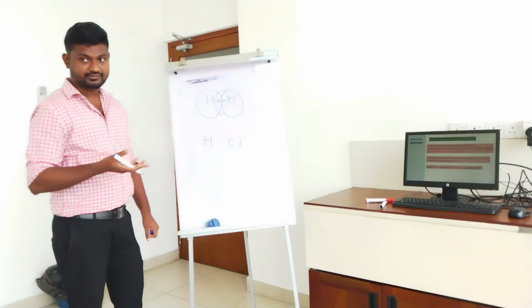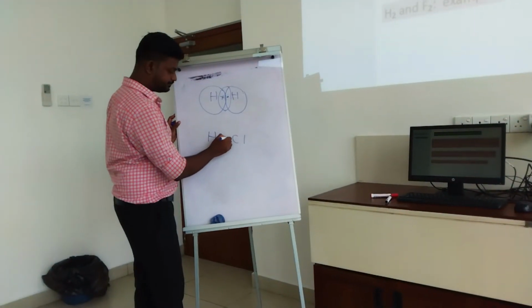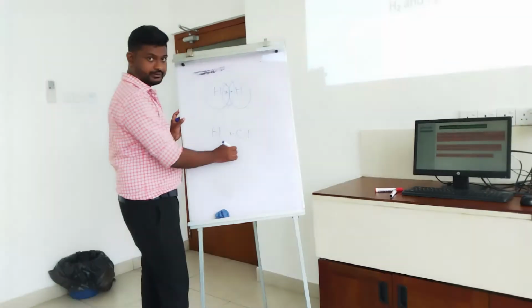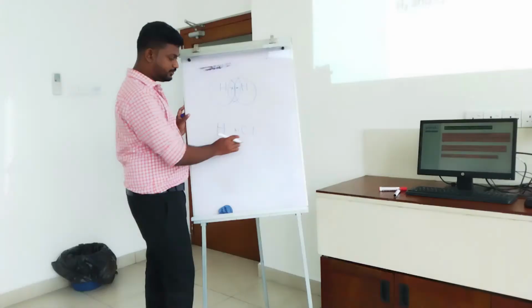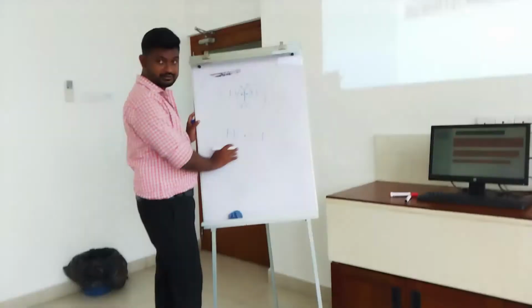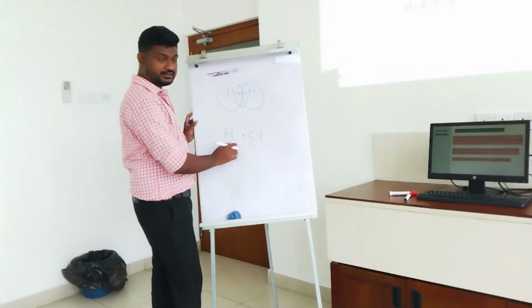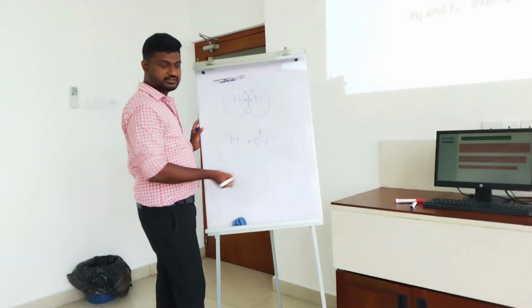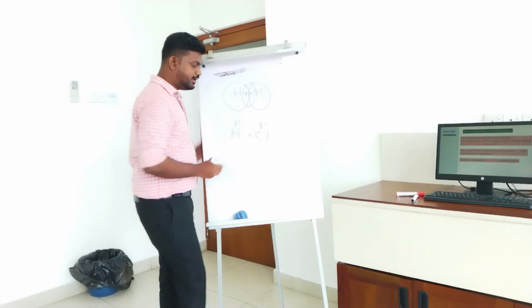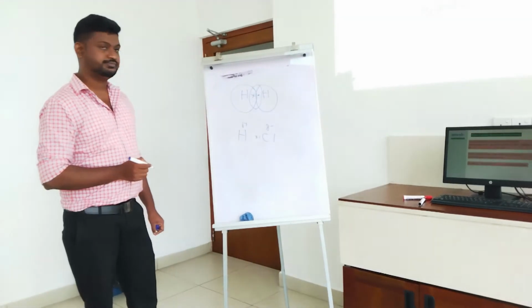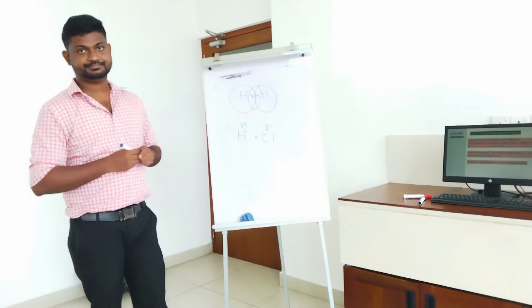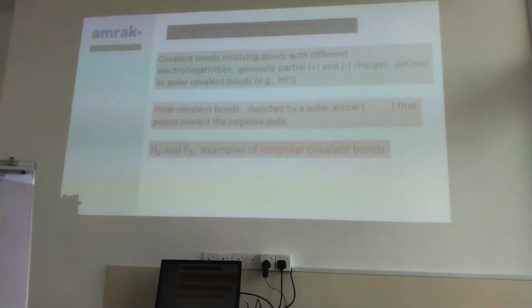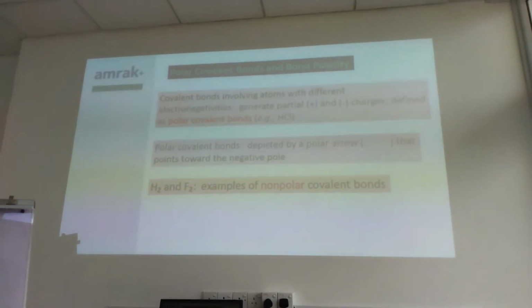Chlorine has more electronegativity, so it attracts the bond pair toward itself. It gets a slight negative charge, whereas hydrogen gets a slight positive charge. This is called polarity. A polar covalent bond is depicted by a polar arrow that points toward the negative pole.